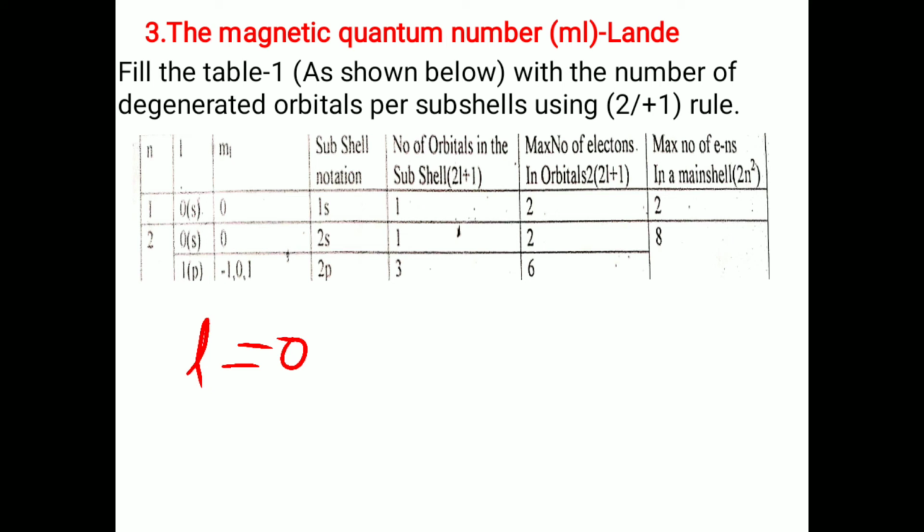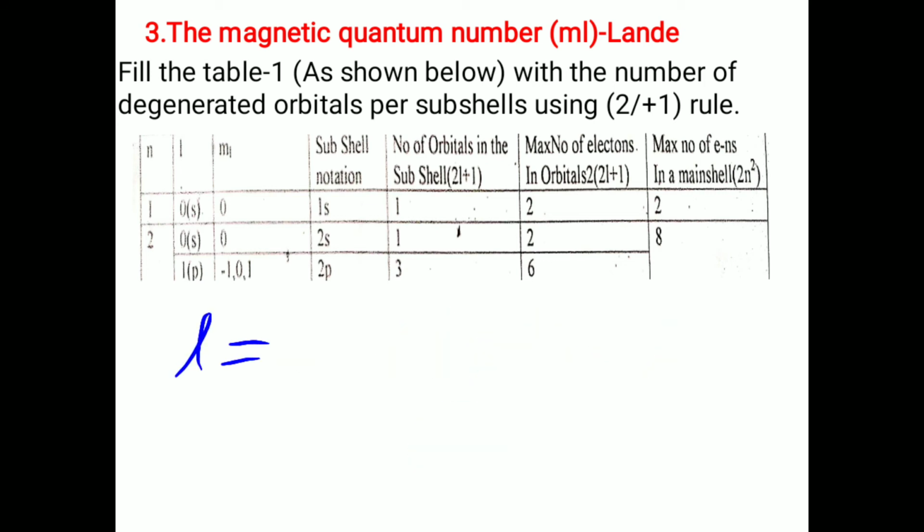When L equals 0, the number of orbitals in the subshell is 2L plus 1, then we get 1. So there is only one orbital in this subshell, that is the s orbital.